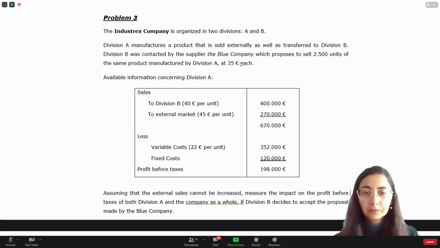And then for the variable costs, I also reduced the amount of the total units sold.